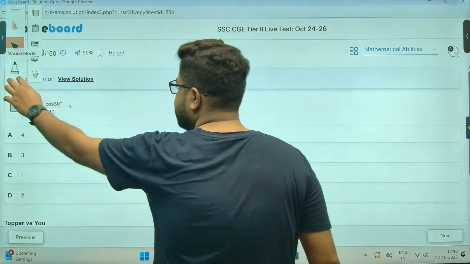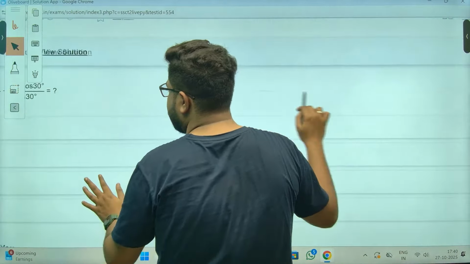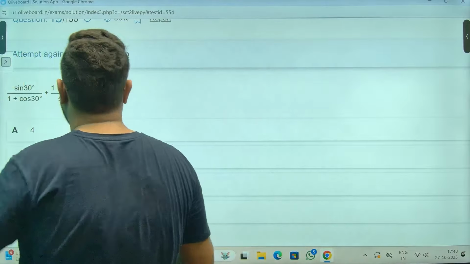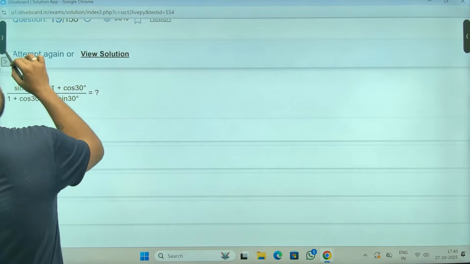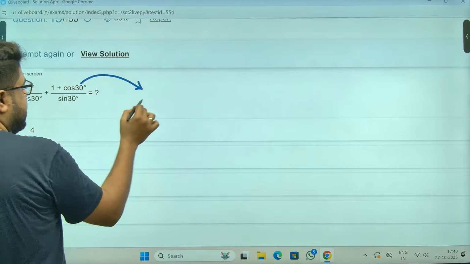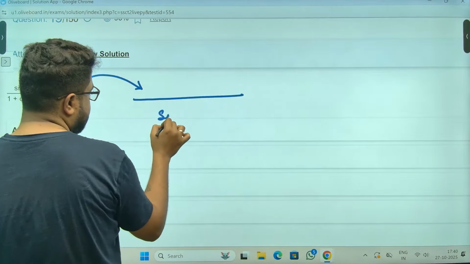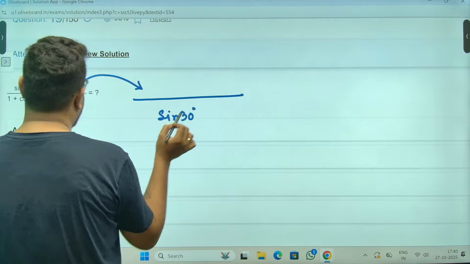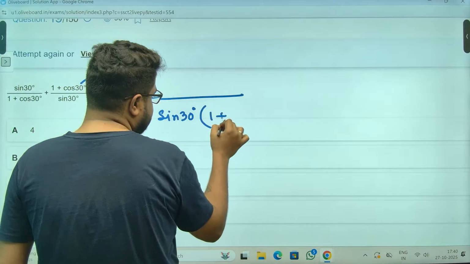Next one, sir. अरे बाप रे, चलो वही बनाते हैं सर. Sin 30 over 1 plus cos 30. बाप रे. सर एक काम करो, I'll put the values later on, sir. Let's take this. Sin 30 is here, 1 plus cos 30.